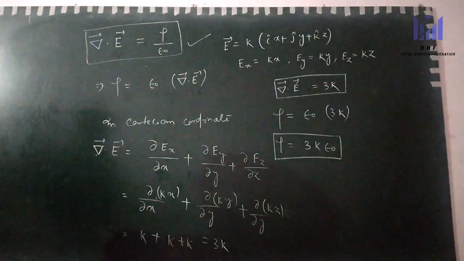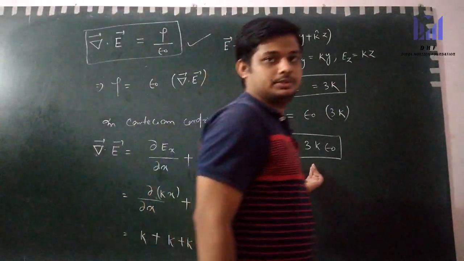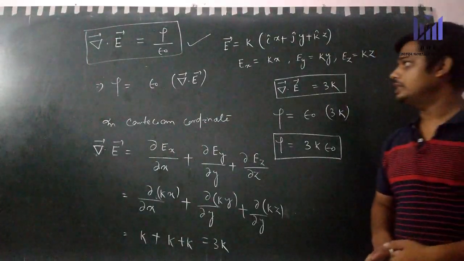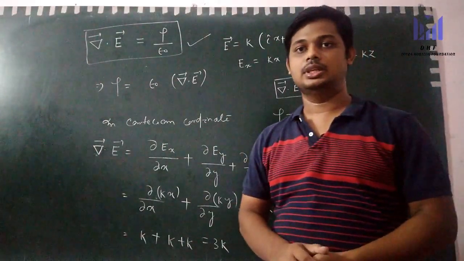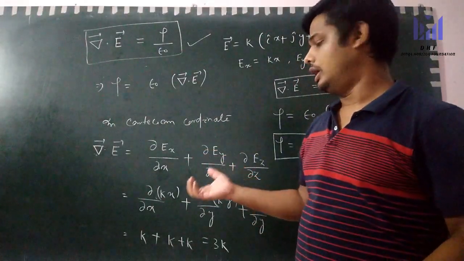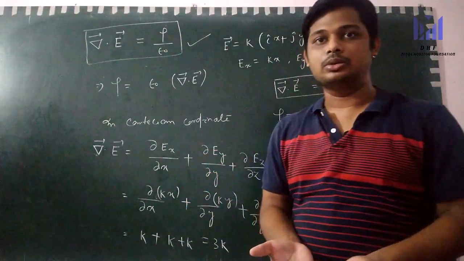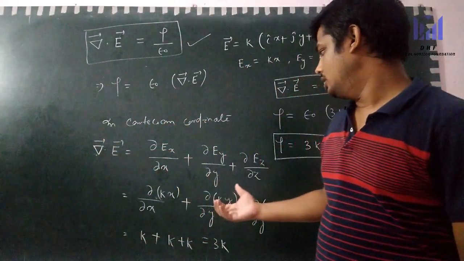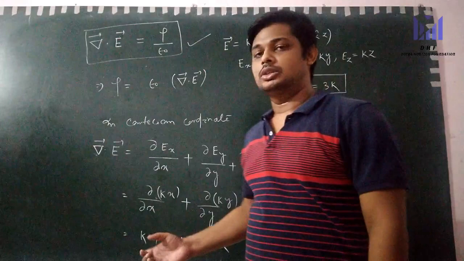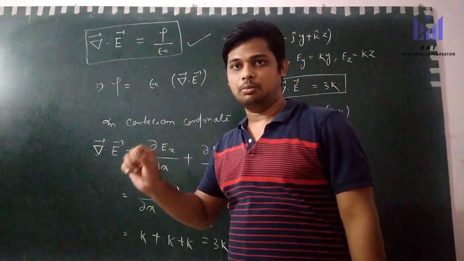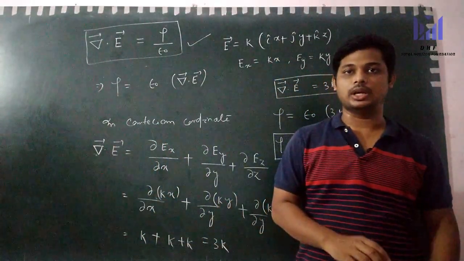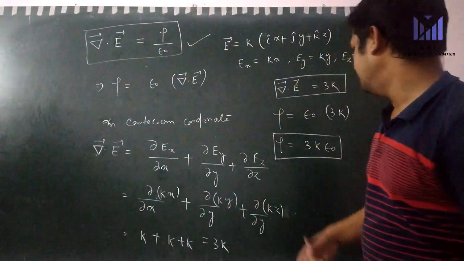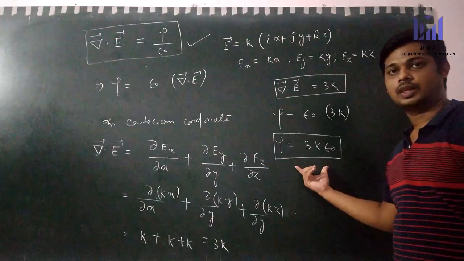What we know from this result is that this type of electric field, which is radially outward, symmetric about the origin, and whose magnitude is directly proportional to the distance from the origin to the point at which we are calculating, can be produced by this type of charge distribution.